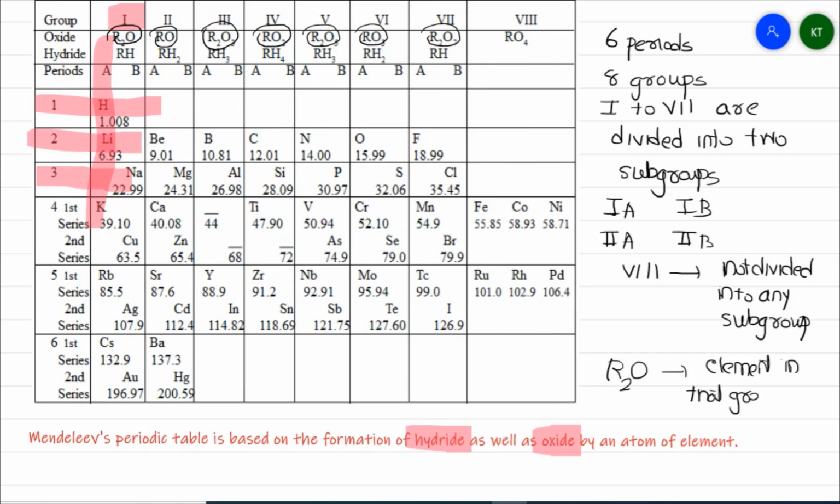So the formula of the oxide has been written. Then second, I have the hydrides: RH, RH2, RH3, RH4, RH3, RH2, RH. Here also, when I write the hydride, R indicates the element present in that group.